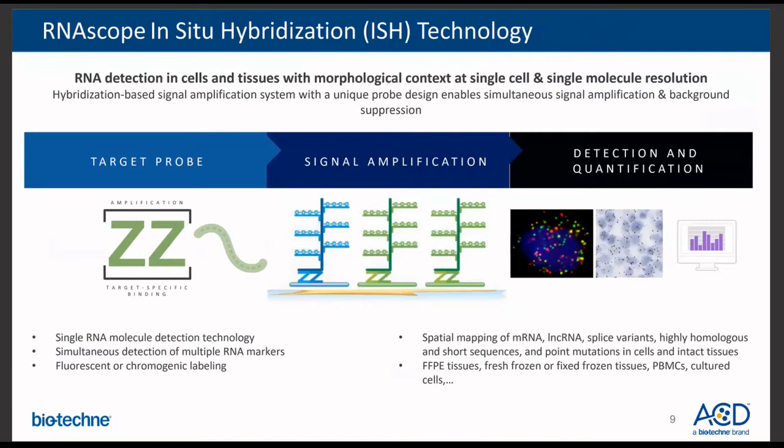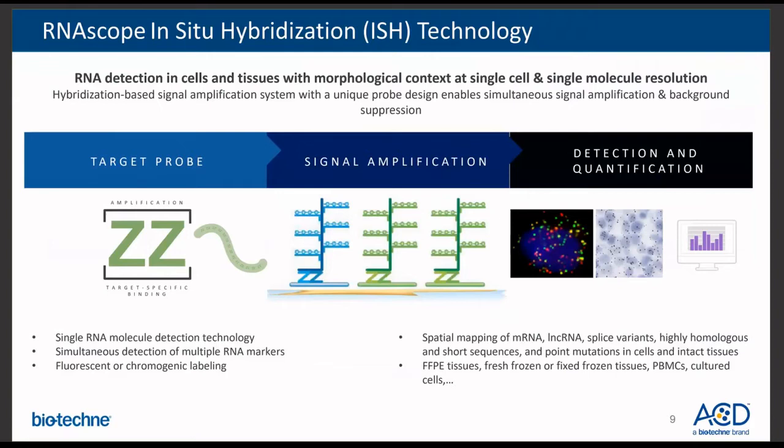is a highly specific and sensitive method to detect RNA biomarkers in cells and tissues with morphological context at the single cell level. As you can see in this slide, it consists of 3 parts. The first part, on the far left, is a unique target probe that ACD designs against your sequence of interest, and then a single amplification system that generates a high signal to noise ratio.